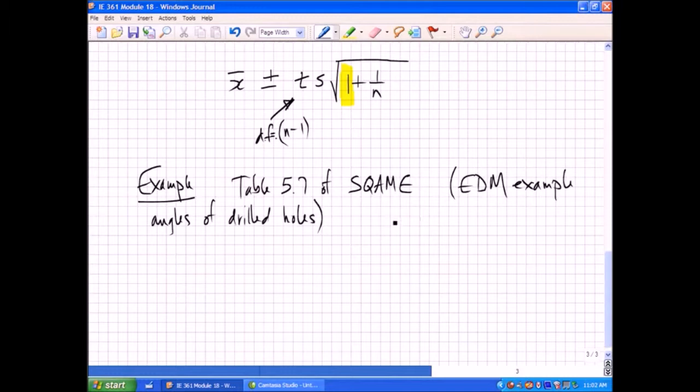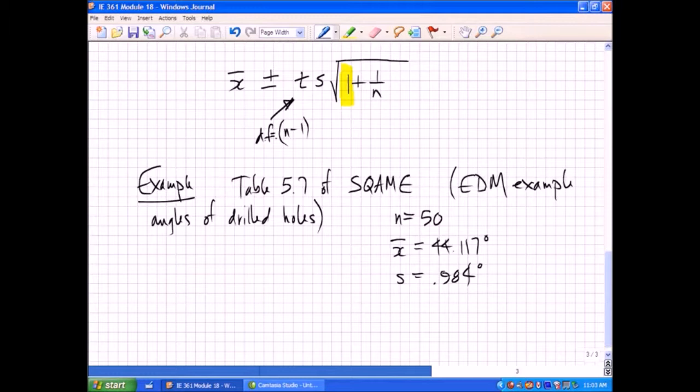And in that table there was a sample of size 50 that had a mean of 44.117 degrees and a standard deviation of 0.984 degrees.